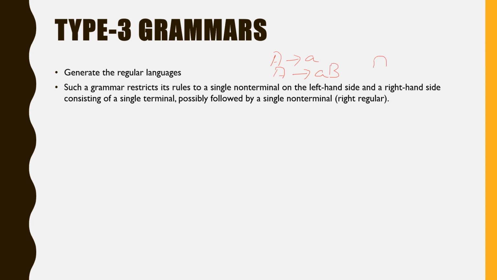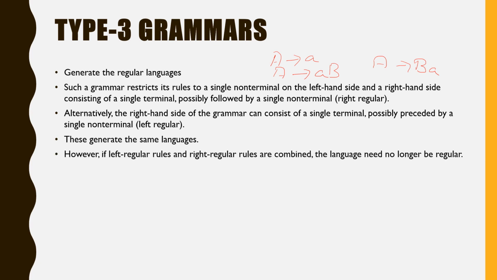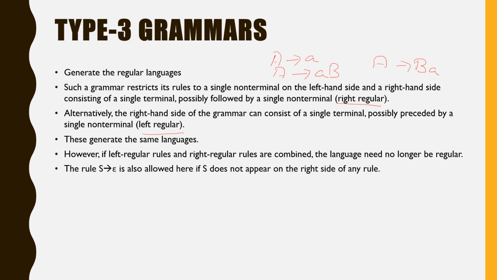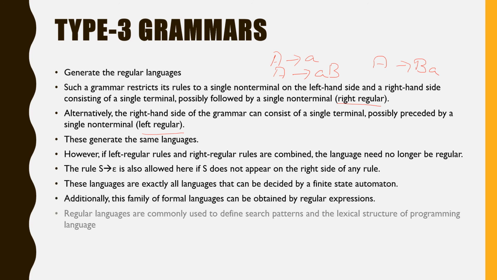And if it is a case like A derives B A, then it is called left regular. So these generate the same languages, which means right regular and left regular generate the same class of regular languages. And the automata which accepts this type of grammar are called finite automata.